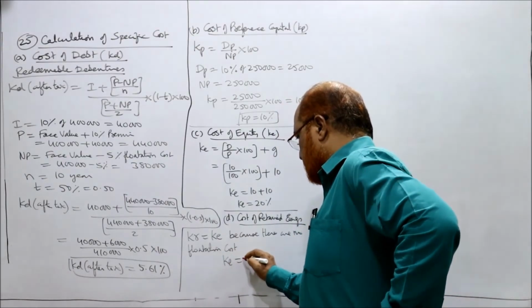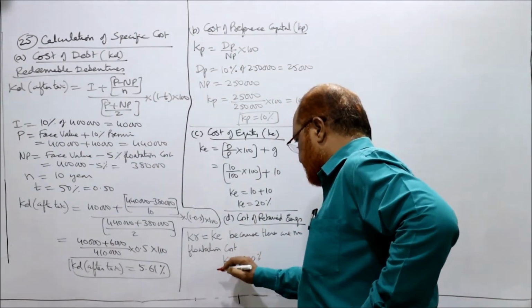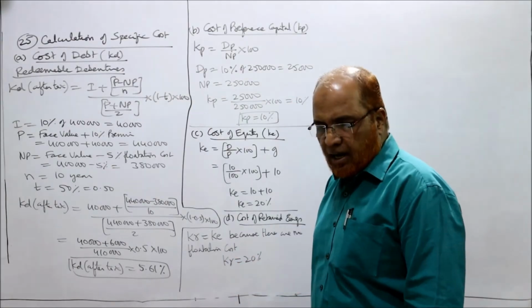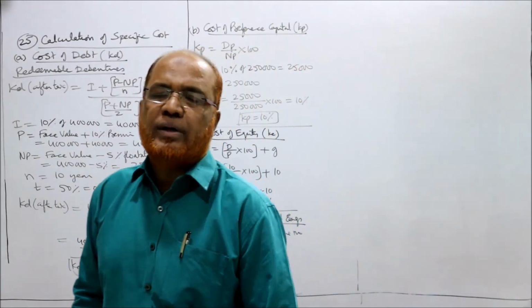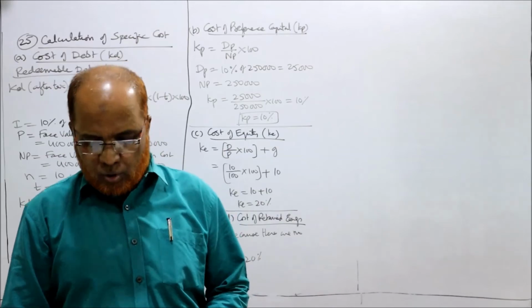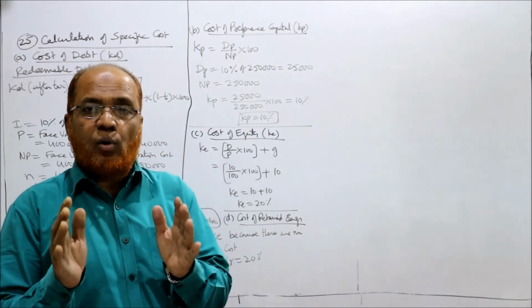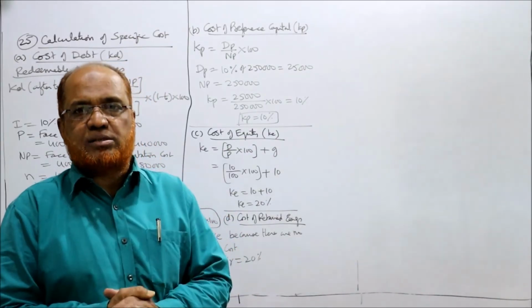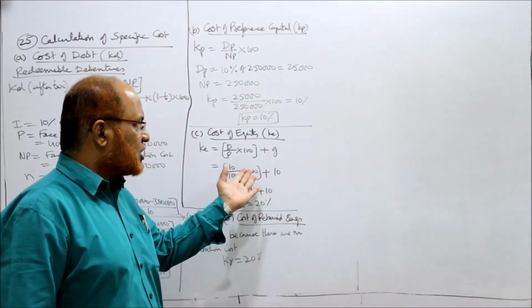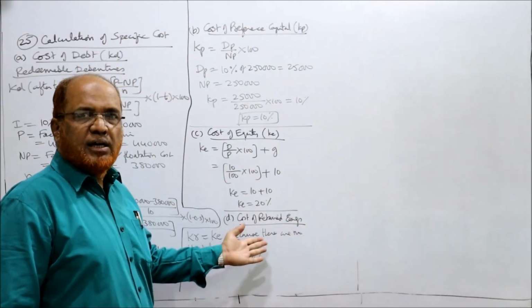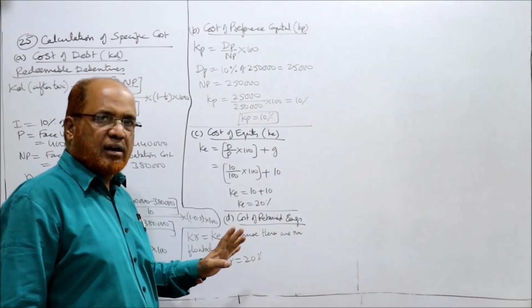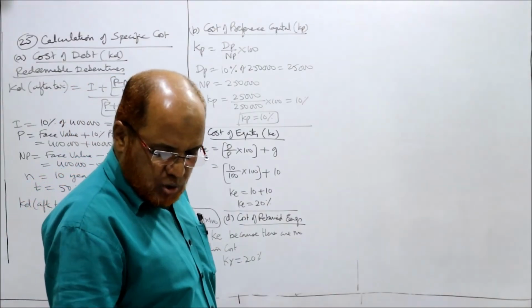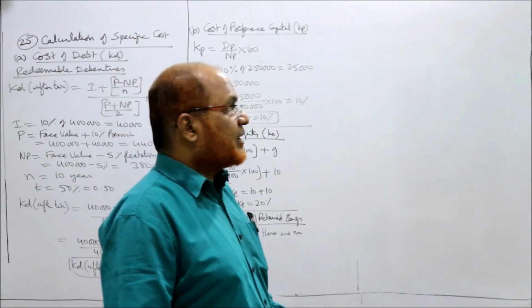So KR is equal to 20%. KR and KE, cost of equity and cost of retained earnings, become equal when there is no flotation cost in equity shares. Here there is no flotation cost in equity shares, so whatever KE is, that is KR. That's it. So we have calculated all the specific costs.